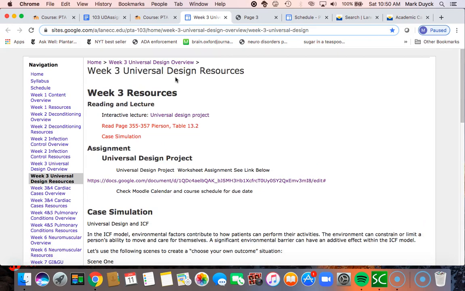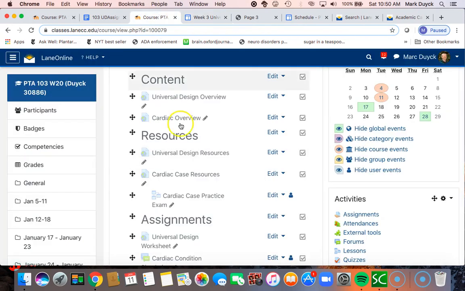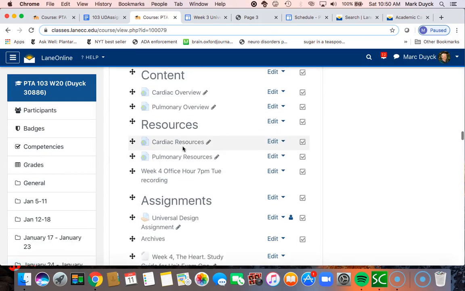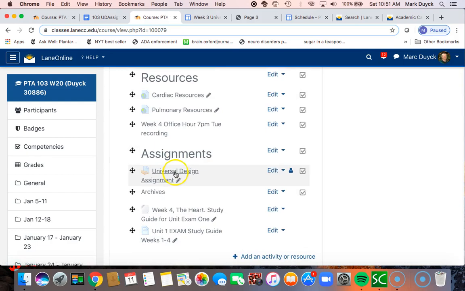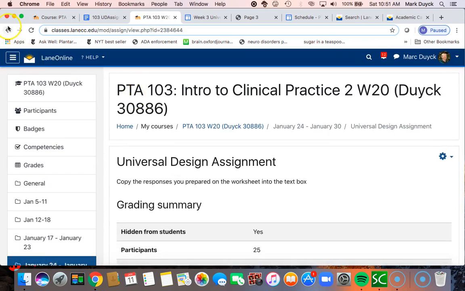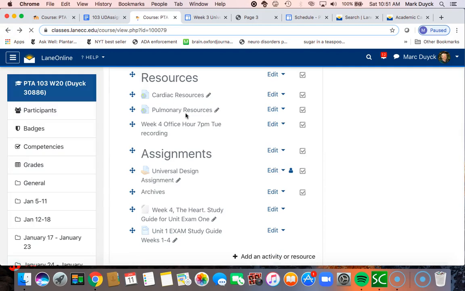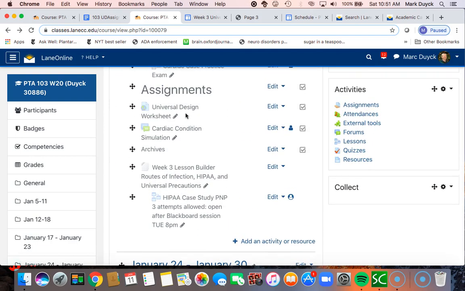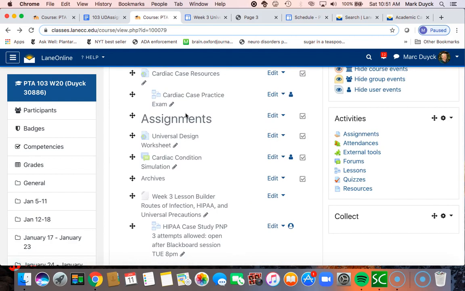The final thing is, when are things due? You can see that this assignment is not due until week 4, at the end of the week, February 1st, believe it or not, at 10 o'clock. So know when this is due. I certainly encourage you to start on this week 3, which I think is wonderful, but know that it's not due until week 4.